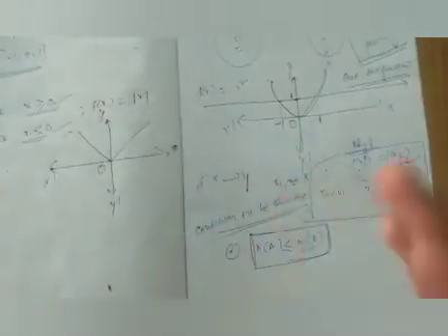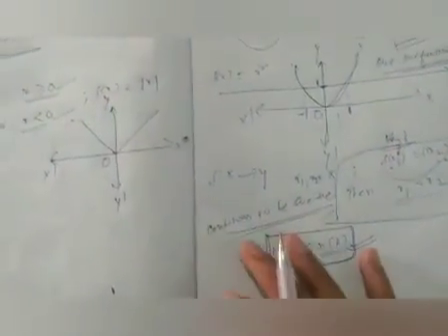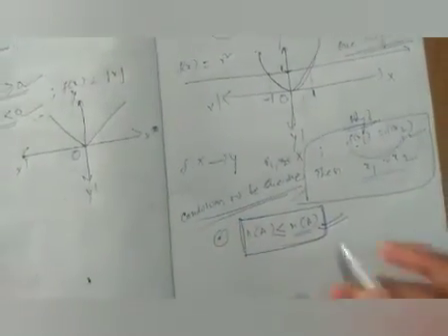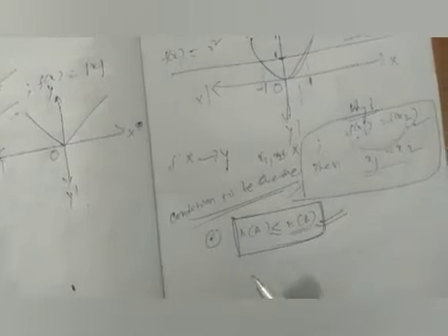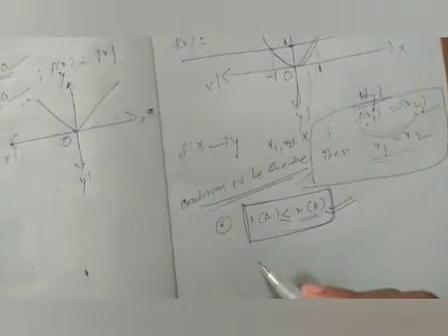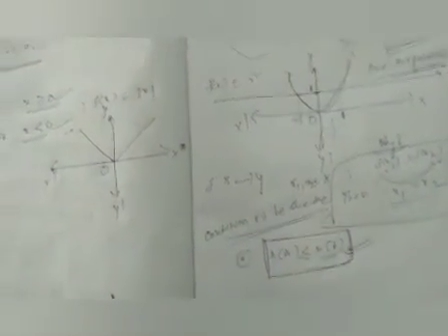Combining these two conditions, for a function to become a one-one function, n of A should be less than or equal to n of B, right? So that is what.